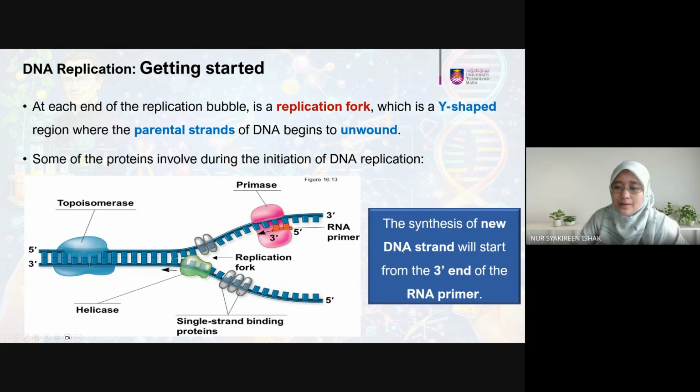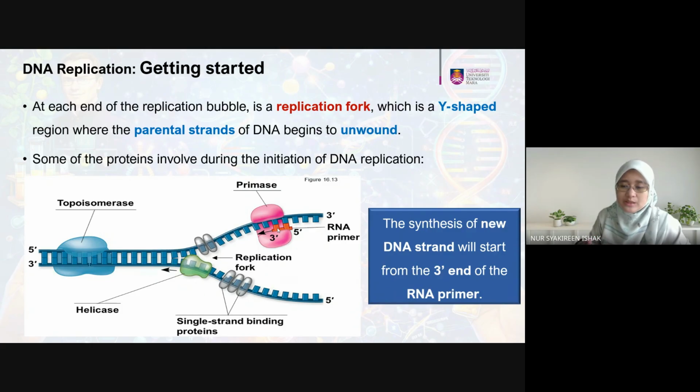The synthesis of new DNA strands will start from the 3' end of the RNA primer. As you can see, to initiate DNA replication and synthesize the new DNA strands, the process requires the synthesis of an RNA primer.